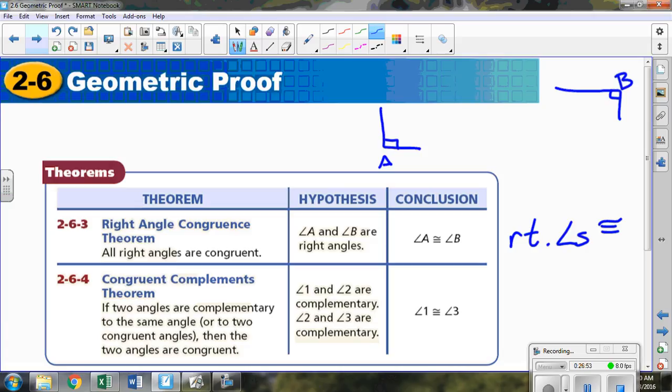The congruent complements theorem is virtually identical to the congruent supplements theorem. Just switch out the word supplementary with complementary.